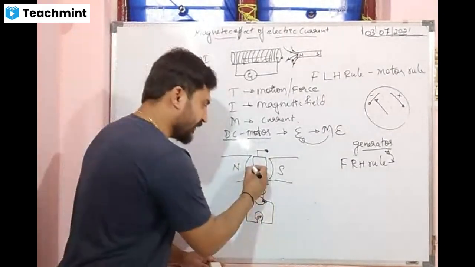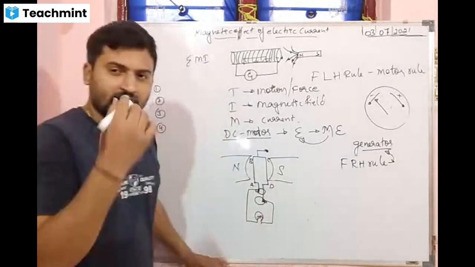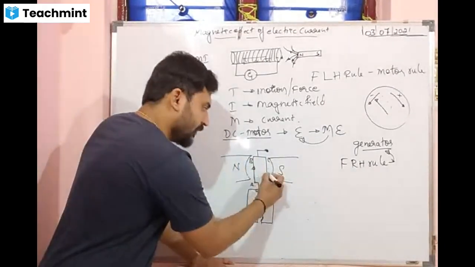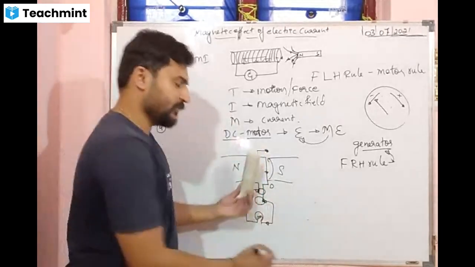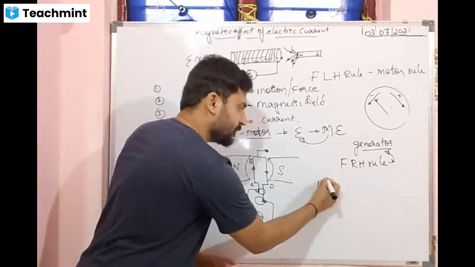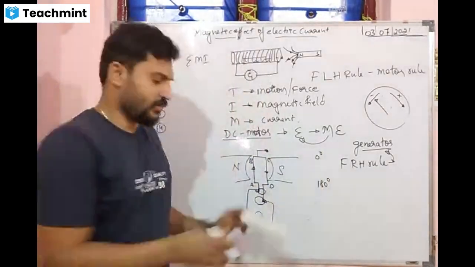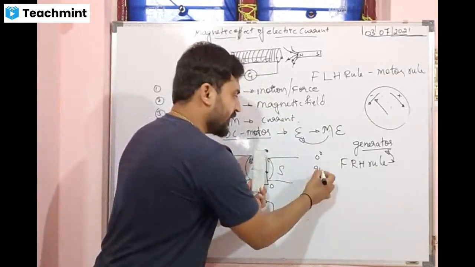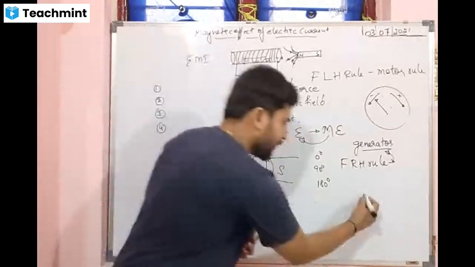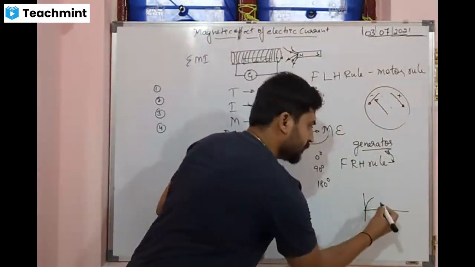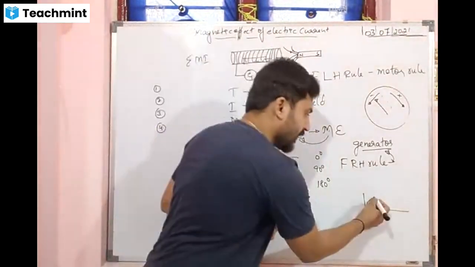If I name the points A, B, C, D, the current flows from A to B, C to D and comes out from here till 180 degree. At 0 degree there is no motion. Next comes 90 degree, the graph goes up to the highest point, and then it comes down.